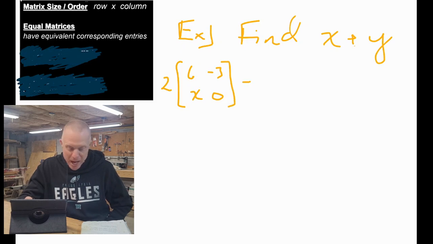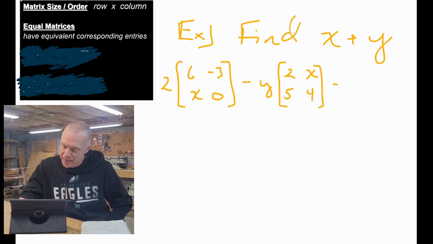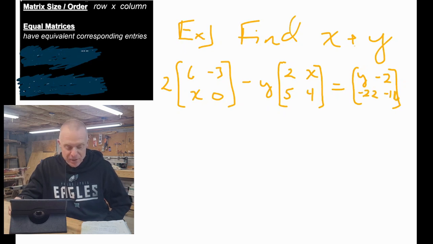Then a subtraction sign with a y, that's the letter y, that's in front of a matrix that contains 2, then x, 5, and 4. And we'll say that that equals a matrix that contains y, -2, -22, and -16. Try to squeeze that -16 in there.